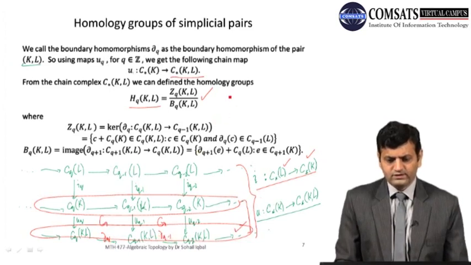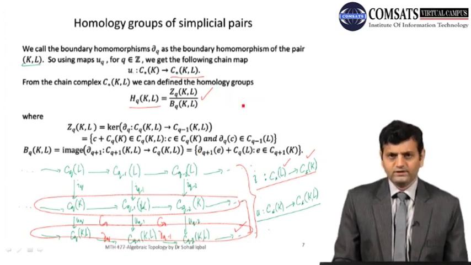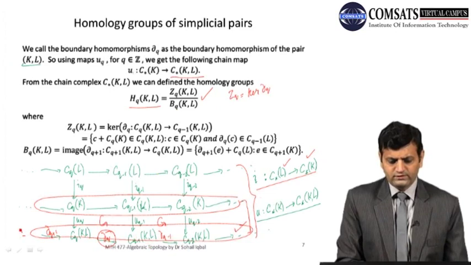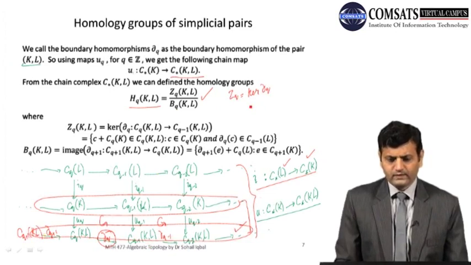Of course, what is Z_q? Z_q is basically the kernel of this boundary map ∂_q. And similarly, what is B_q? B_q is basically the image of this ∂_{q+1} of C_{q+1}(K,L).